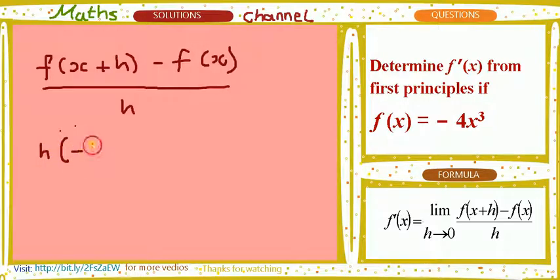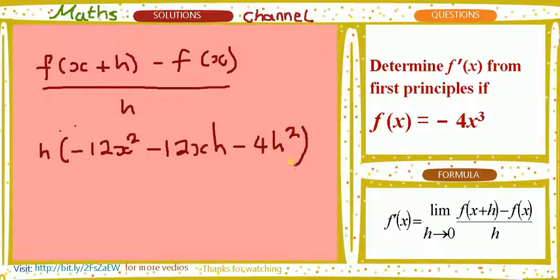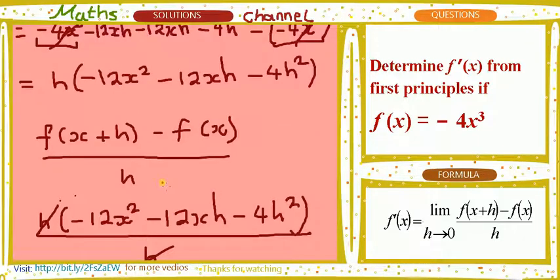You have something like 12, and then the h will cancel.